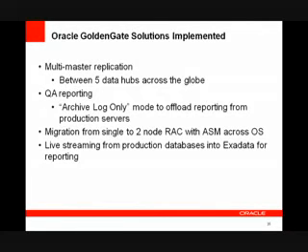So what they require technically, or what they have implemented with GoldenGate, they use 5 data hubs at very different locations around the globe. And in addition, they wanted to offload their reporting queries from the production servers and move to separate reporting servers.